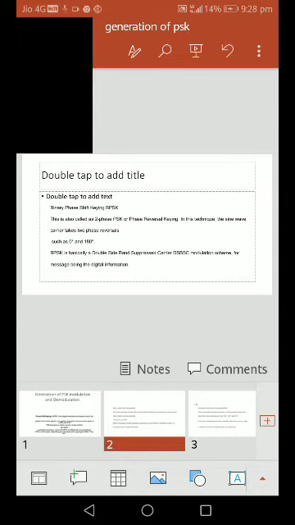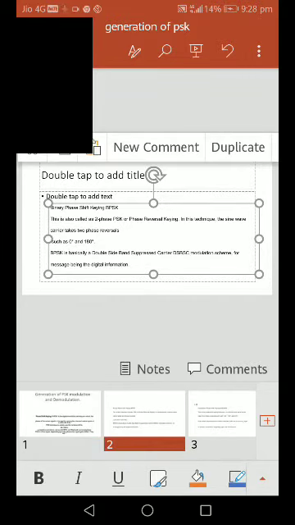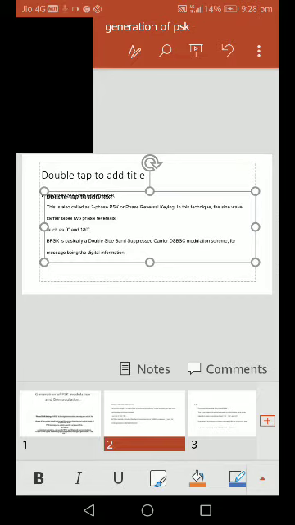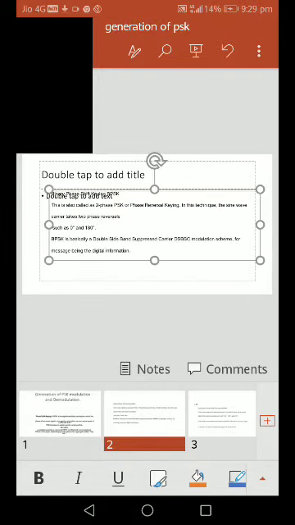Binary phase shift keying is BPSK. This is also called two-phase PSK or phase reversal keying. The sine wave carrier takes two phase reversals: 0 degrees and 180 degrees phase shift.